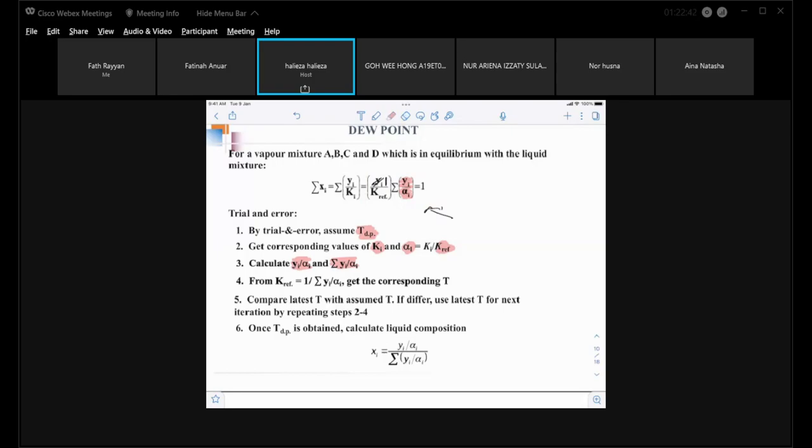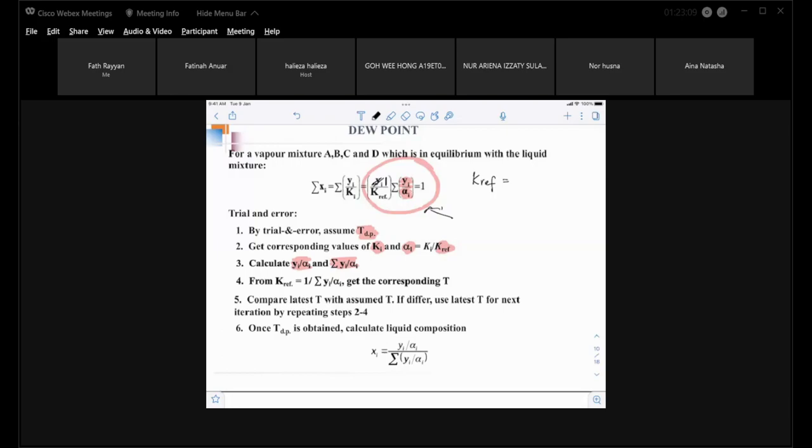So if you do this, hold on, let me highlight this. From that part of the equation, you will get K reference equals to, bring this over there, summation, hold on, 1 over, let me double check my equation in the textbook for the dew point. Yeah, I got it right.